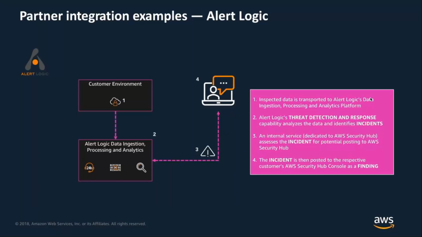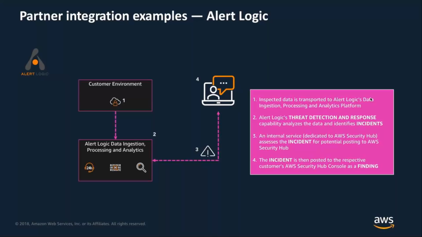Next, Alert Logic. Alert Logic is a managed security service provider. The thing I really like about Alert Logic's integration is that it does a great job of reducing the noise for an AWS customer. The way Alert Logic's integration works is that it is taking in findings from the customer environment.